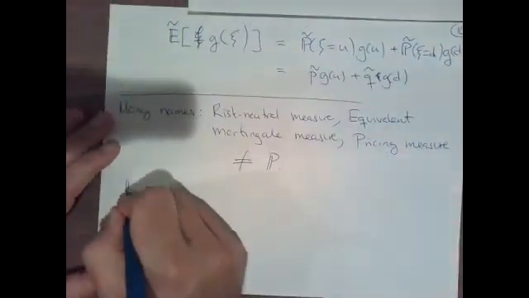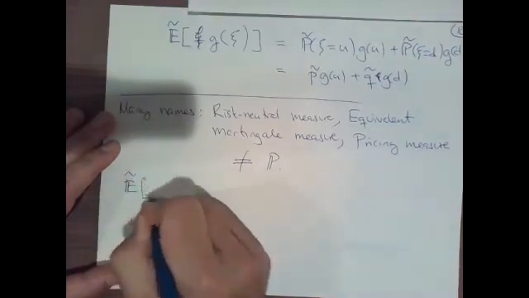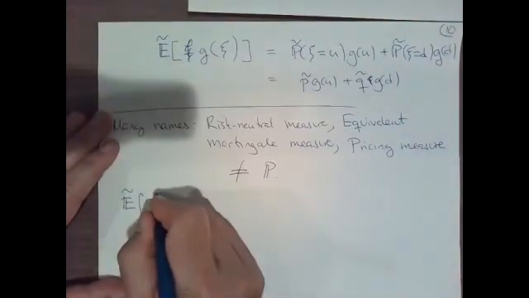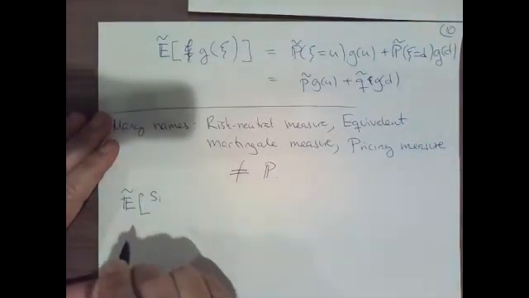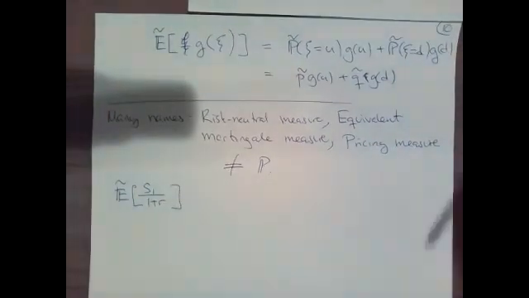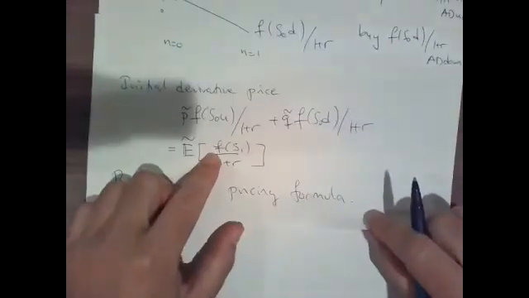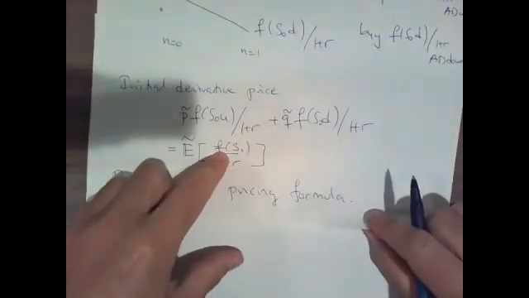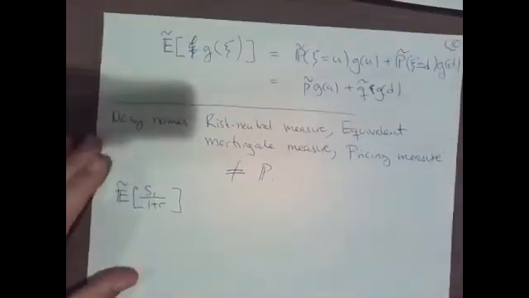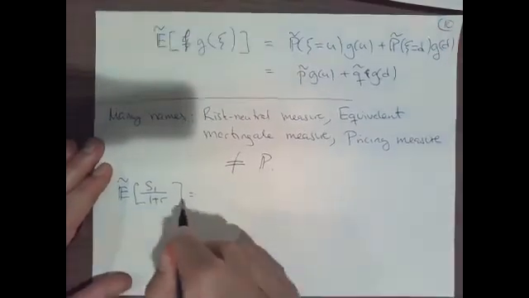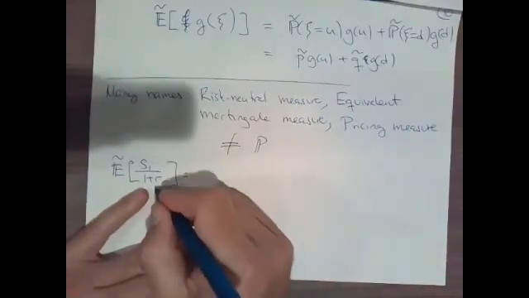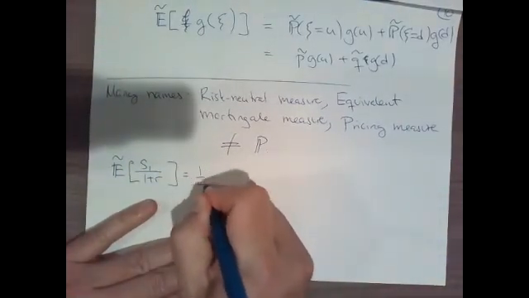So I want to compute the expectation of S1 divided by 1 plus R. If I take f to be the function f of x equal to x, I'll just get S1 over 1 plus R. Okay, so let me compute that and work out what this thing is. 1 plus R is a constant, so it can go outside the expectation.